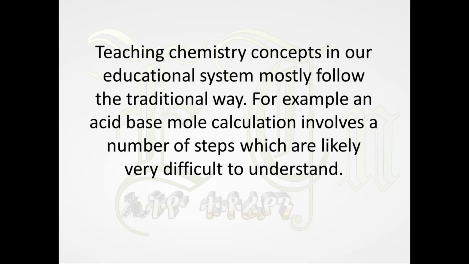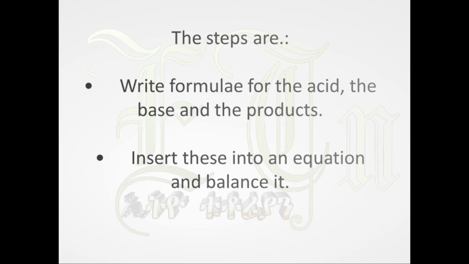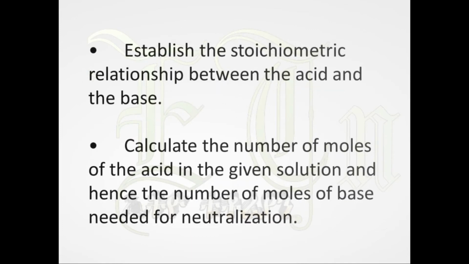For example, an acid-base mole calculation involves a number of steps which are likely very difficult to understand. The steps are: write formulae for the acid, the base, and the products. Insert these into an equation and balance it.